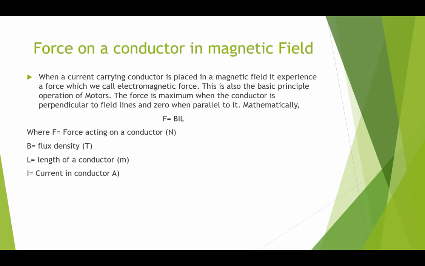And when we put this conductor in a magnetic field, there is another field produced by the current in the conductor. So these two magnetic fields interact, and in this way a force acts on the conductor. This is the basic principle of operation of motors. In a motor we use the same principle.